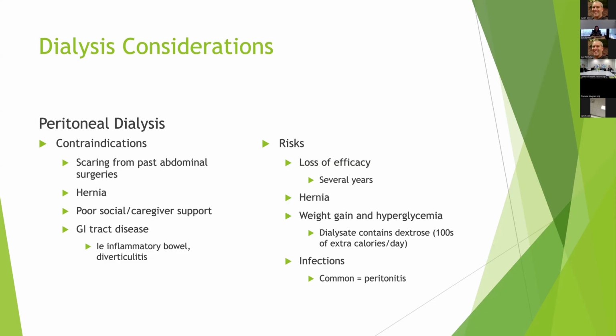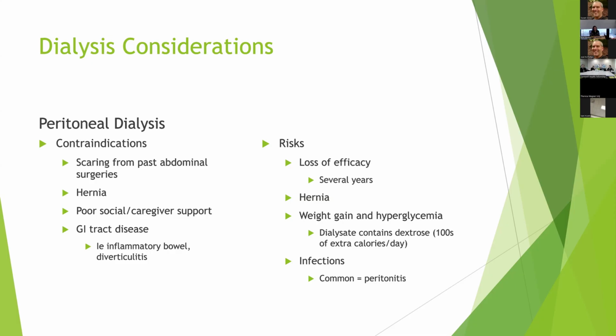Things to consider, and our nephrologist colleagues are really doing this for us, but just be familiar with what you might hear patients saying as to reasons why they are or are not a candidate for peritoneal dialysis. Because I think for a lot of the patients I talk to, they're excited about this potential.